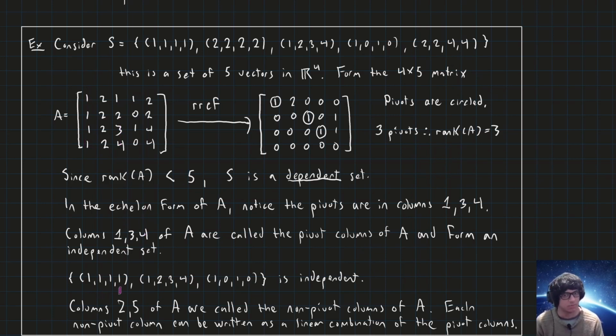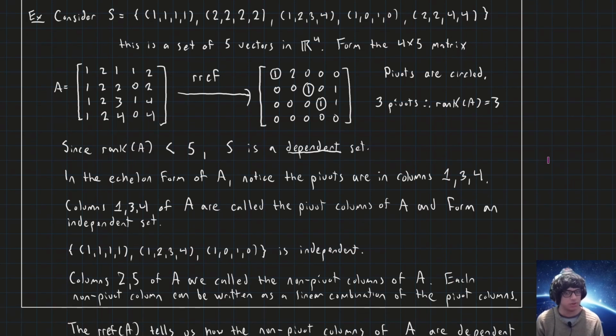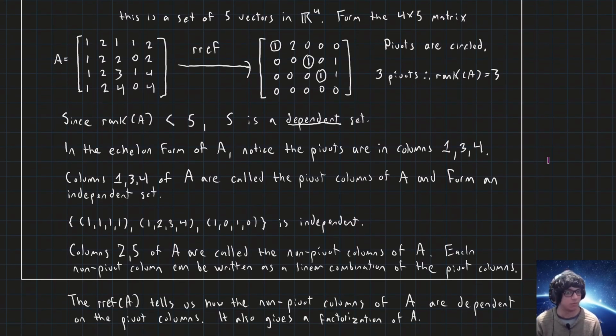The other columns, columns 2 and 5, were the unimportant columns. And we stated that each non-pivot column can be written as a linear combination of the pivot columns. So the reduced row echelon form tells us a lot of information.